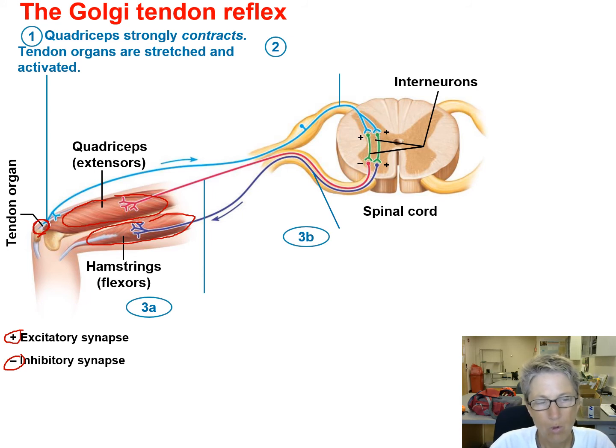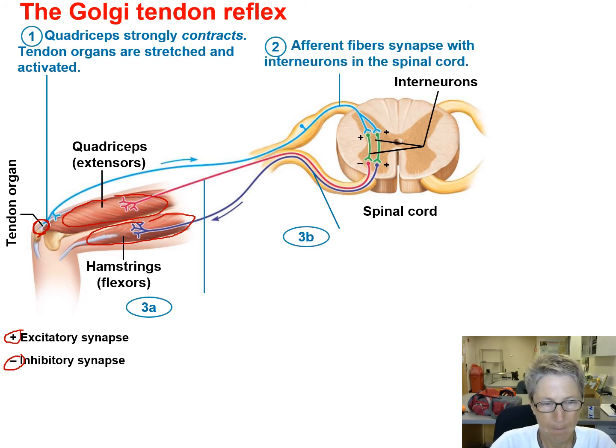So when you contract your quadriceps, that's going to pull on that tendon. That's going to stretch those sensory neurons in the Golgi tendon organ. If the stretch is enough, you'll fire an action potential along this blue sensory afferent neuron's axon or fibers.